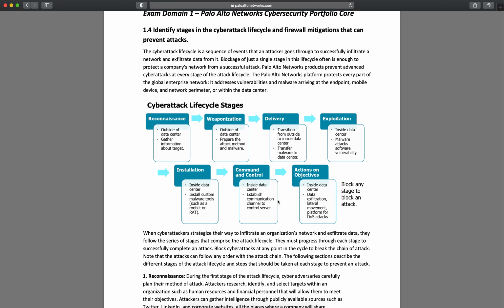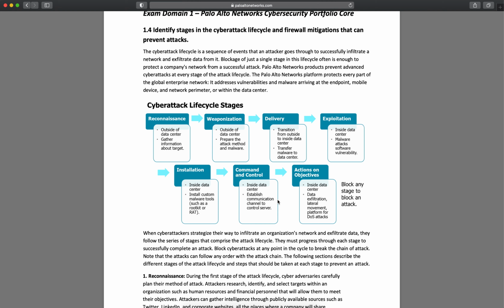Command and control. This is occurring inside the data center. Again, this is where the attacker would create a communication to a server. So it's just calling out to some server, and that's where it may be transferring that important data.